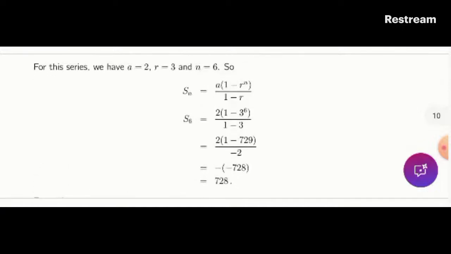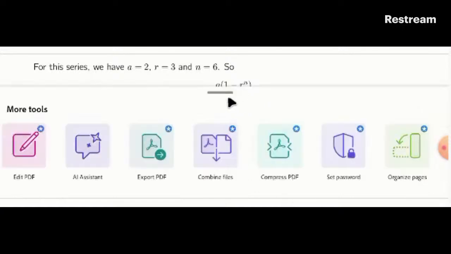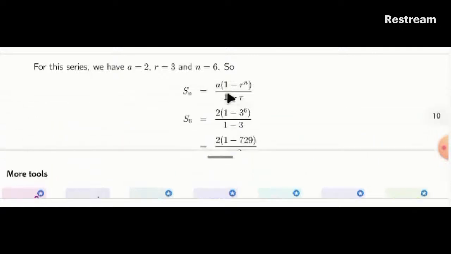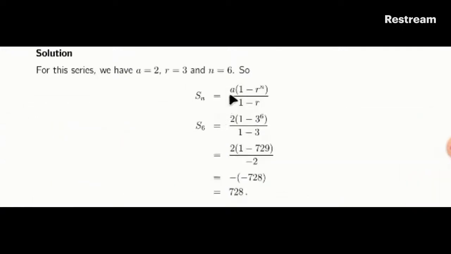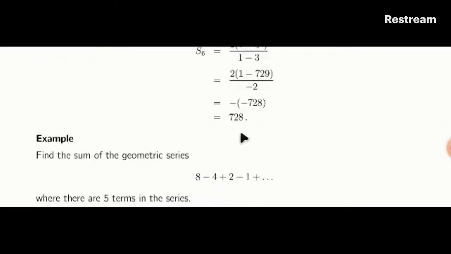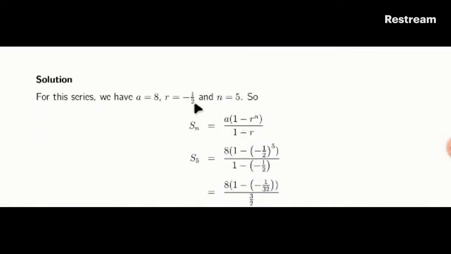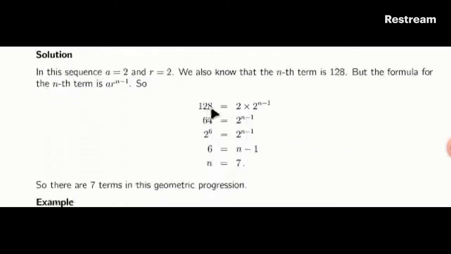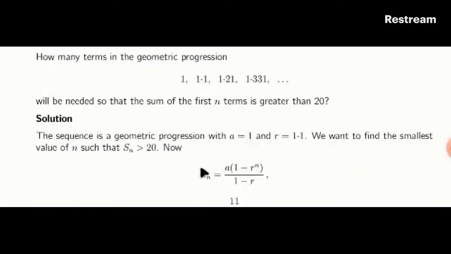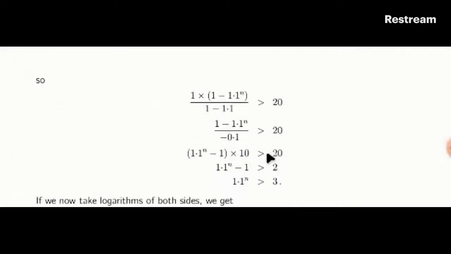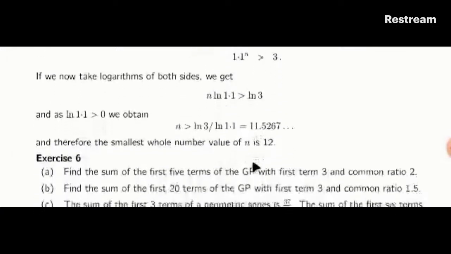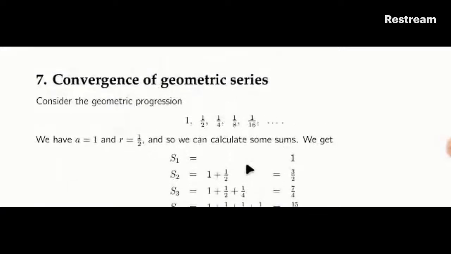You have a here as 2, this is 3, the common ratio, and n is 6. 1 minus 3, that's straightforward. When r becomes 1, the denominator is no longer valid.